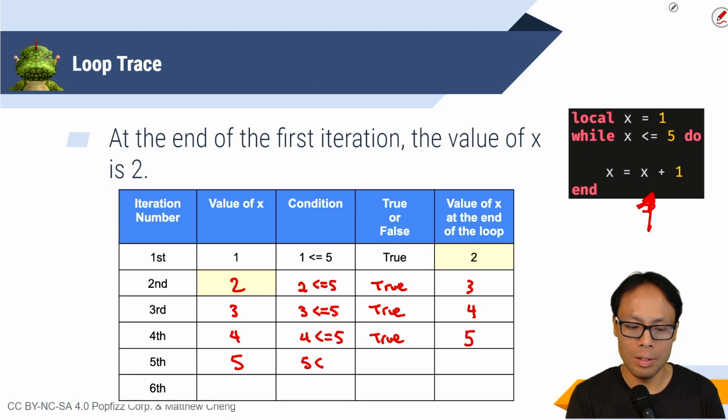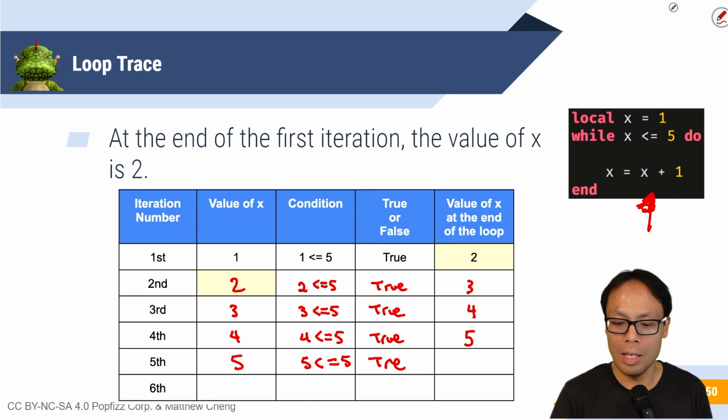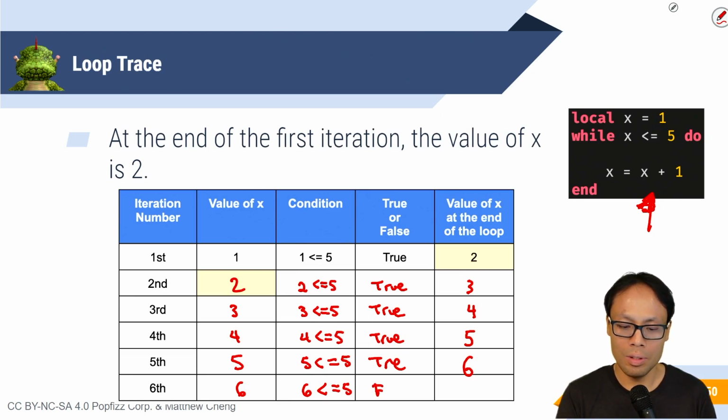Condition is 5 less than or equal to 5, which is true. Now we go over here again. And so now our 5 becomes 6. So now we've got 6. And now we've got 6 less than or equal to 5, which is finally false. And that is where our loop finally ends.